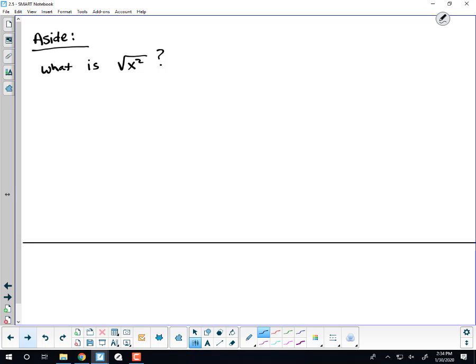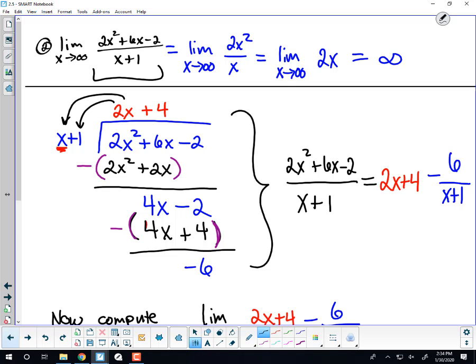I was going to ask, what would the wording look like if you asked us a question like the previous one, if you wanted us to find the 2x plus 4, not the limit but that value? It could be something like, what is the end behavior of this function? In that sense, we would just compute the limit at infinity and say that it's infinity.